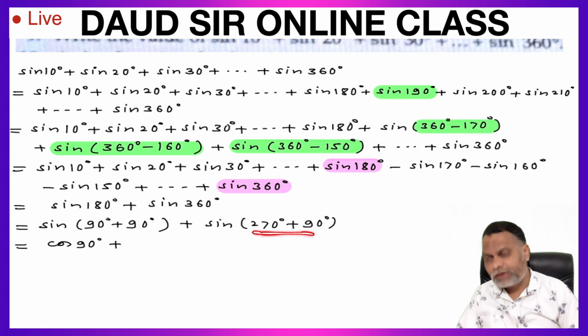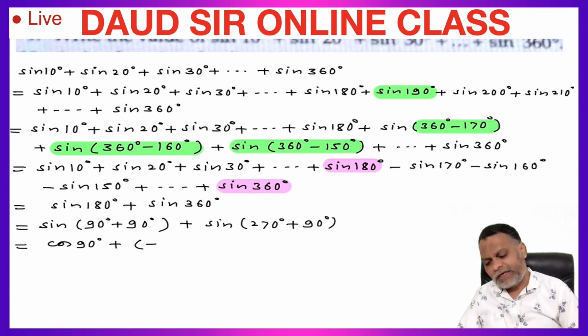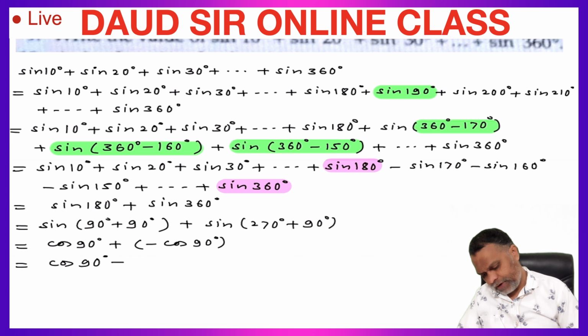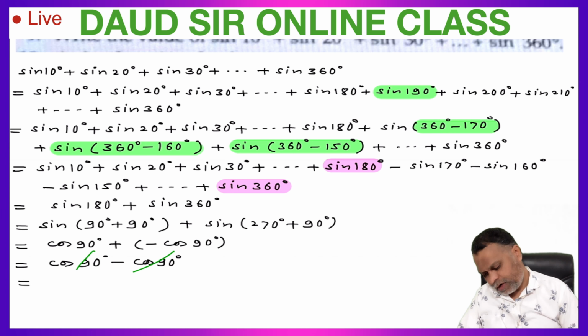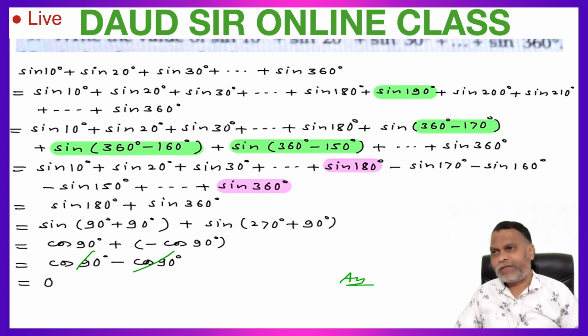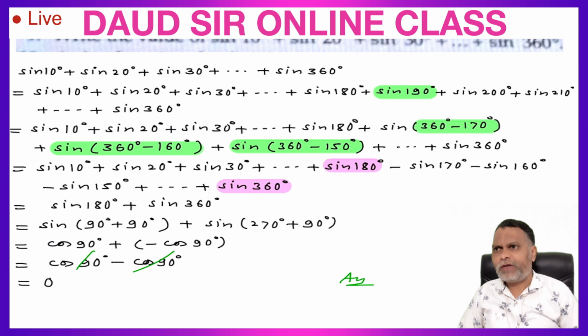In the fourth quadrant sine is negative, so minus sine, and in case of 270, change sine into cos, so minus cos 90 degree. So we have cos 90 degree positive minus cos 90 degree. We can cancel them or we can put the values. Cos 90 cancelled, so finally we have got 0. So 0 is the required value of the given sine 10 plus sine 20 plus sine 30 till sine 360. Its value is 0 only.